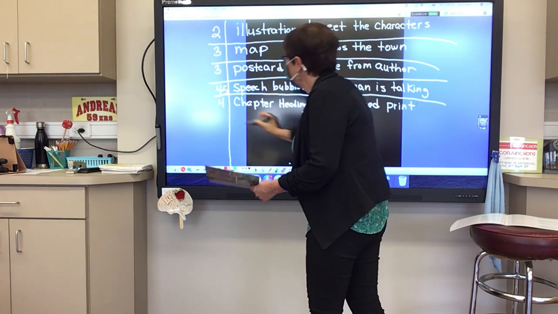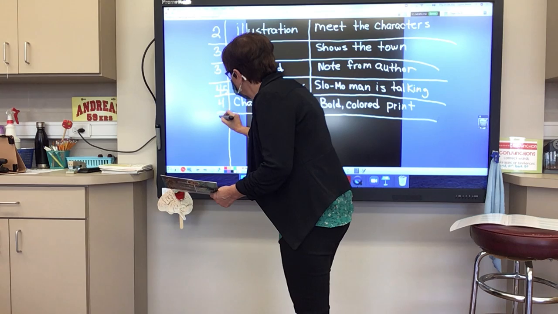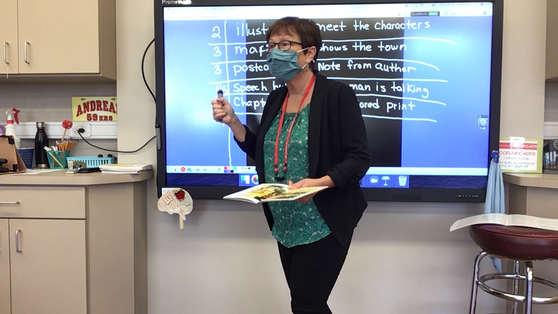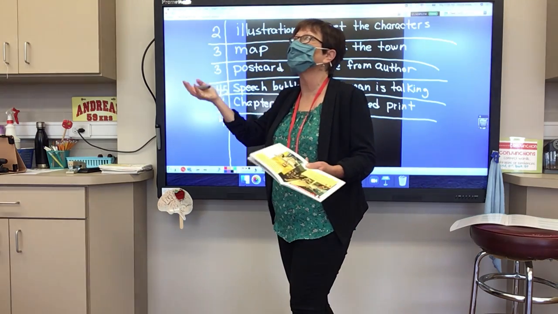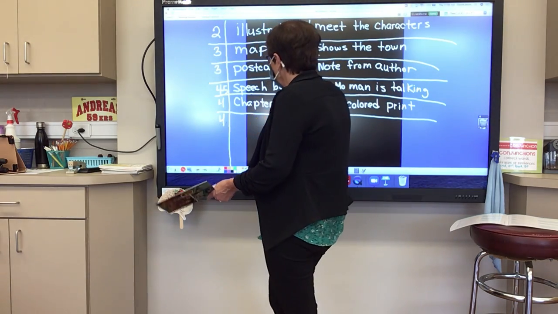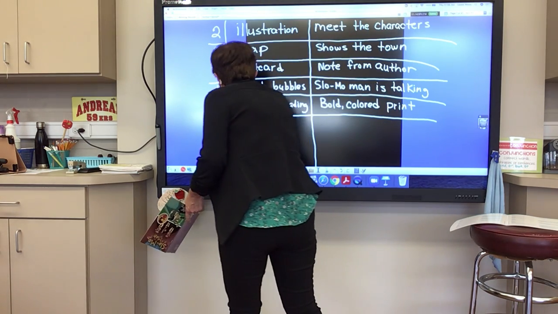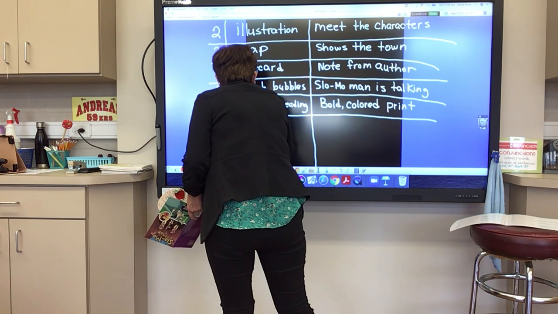And the next thing we have on page 4, which is super cool, is the first letter of the first word is uppercase, or is not uppercase, it's large. So that is a text feature. I don't know what else to call it, a text feature. So I'm going to call it a text feature.